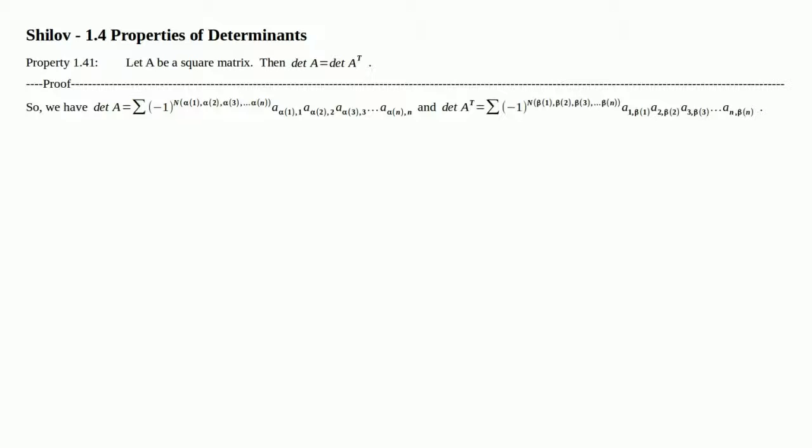Okay, moving on. So we have the determinant of A is equal to that nasty sum, and the determinant of A transpose is equal to that other nasty sum. We've established that just now.